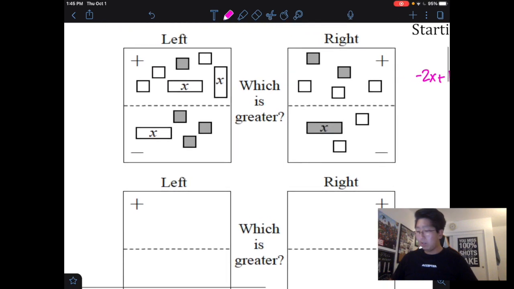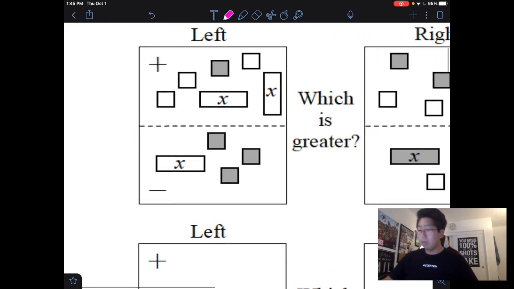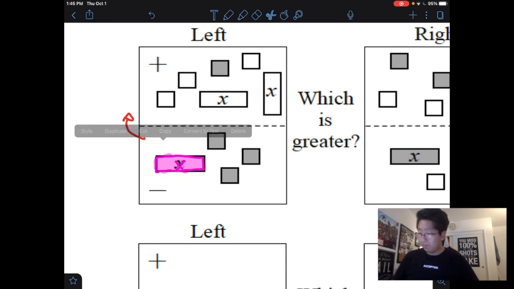What can we do on this left side? First thing we're going to do is flip from opposite land. So I'm going to take everything I see and take the opposite of. Here, I have a negative x, so I need to make that a positive x. So I'm going to shade it in because positive, there you go. Positive x tiles are shaded in. Here's a positive 1 unit tile.